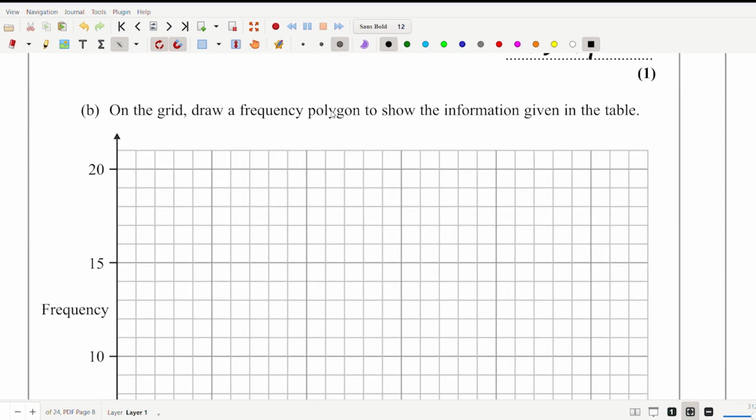On the grid, draw a frequency polygon. For a frequency polygon, we find the midpoint of each class interval, then plot it against the frequency.